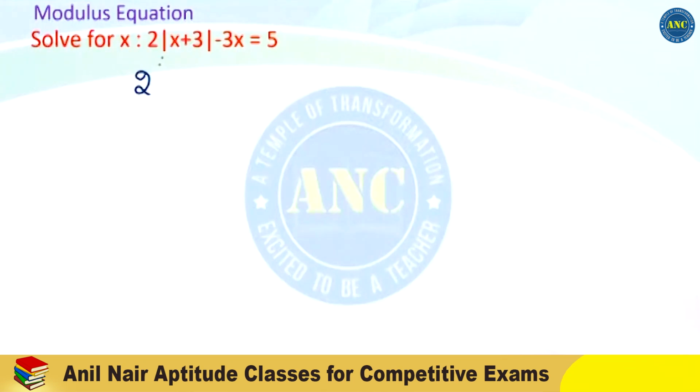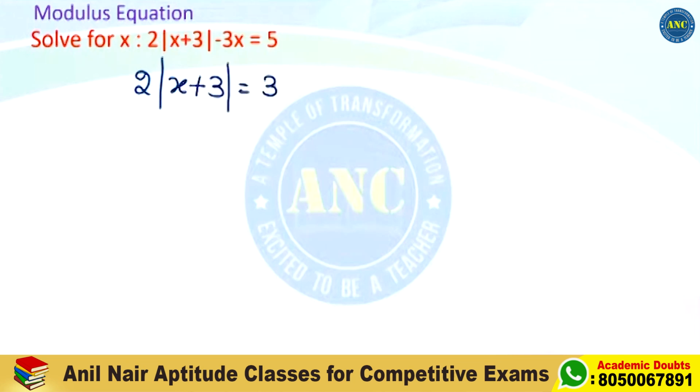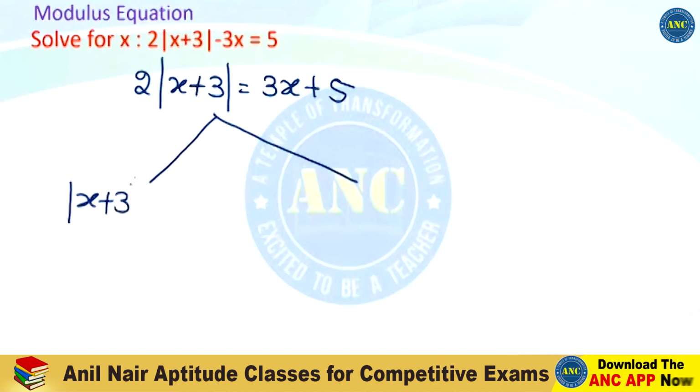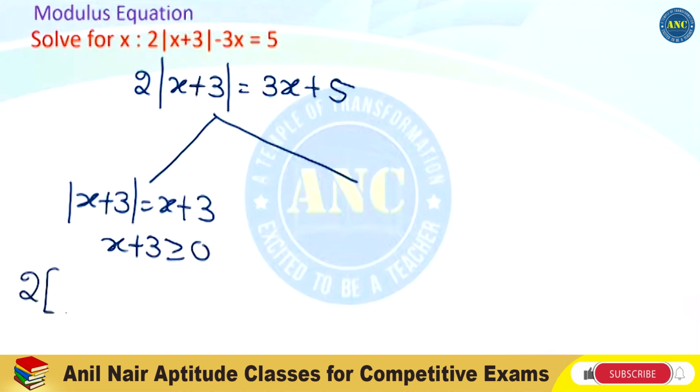Next one, 2 mod x plus 3 equivalent to 3x plus 5. Again two cases. Mod x plus 3 equivalent to x plus 3 if x plus 3 is greater than or equivalent to 0. So 2 into, I am substituting plus, x plus 3 equivalent to 3x plus 5.